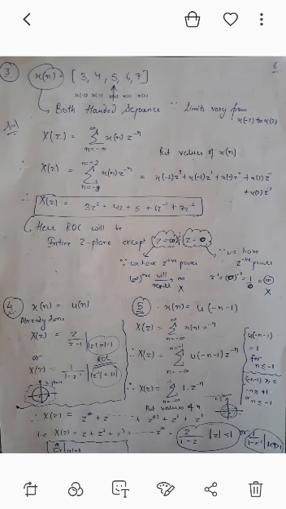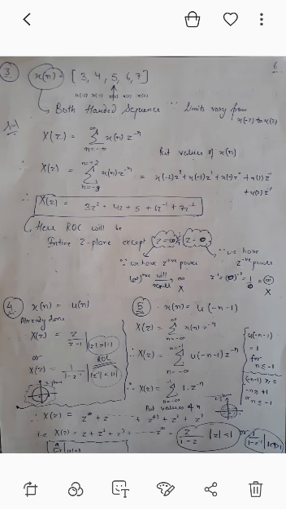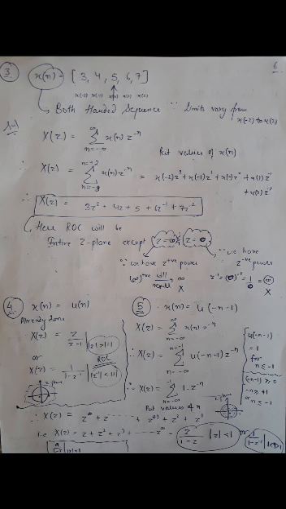Positive power of z means we can't include z equals infinity, and negative power means 1 upon a positive power of z, and 1 upon 0 will make infinity. So we can't include z equals 0. So in this case we have X(z) equals 3z^2 plus 4z plus 5 plus 6z^(-1) plus 7z^(-2), with ROC for this question being the entire z plane except z equals 0 and z equals infinity.